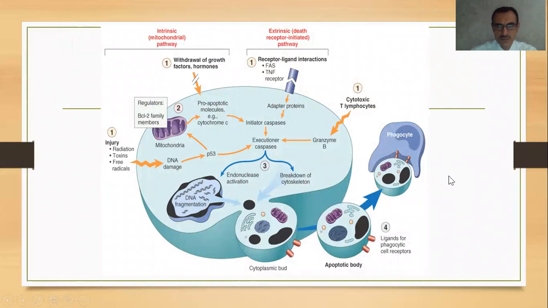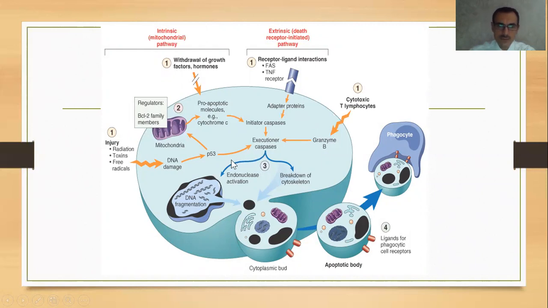Here is another illustration of apoptosis, where we see the intrinsic mitochondrial pathway and the extrinsic death receptor initiating pathway. After being triggered by these factors in the cells, they start the activation of the intracellular enzymes. For example, the action of cytotoxic T lymphocytes releases granzyme B that activates the caspases.